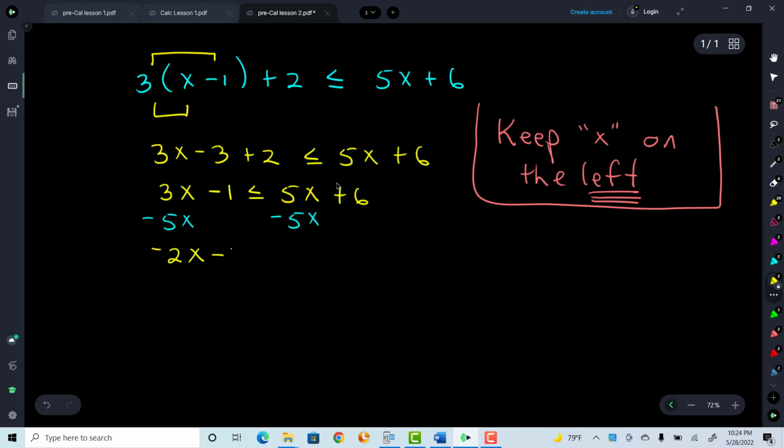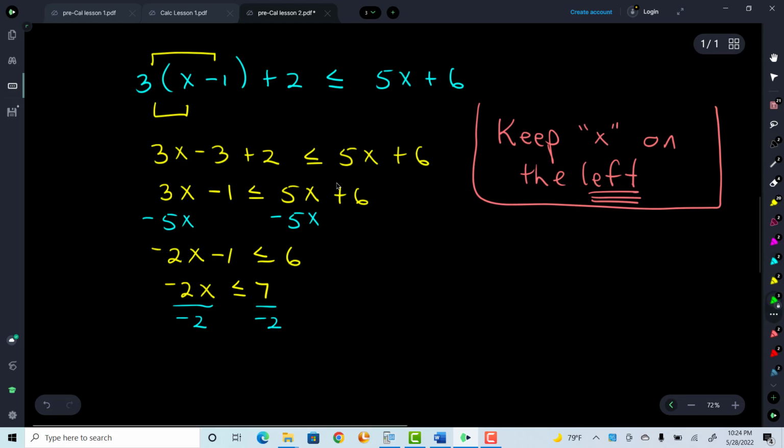Negative 2x minus 1 less than or equal to 6. So then we're going to add 1 to both sides, so we get negative 2x less than or equal to 7. Now we're going to divide by negative 2.